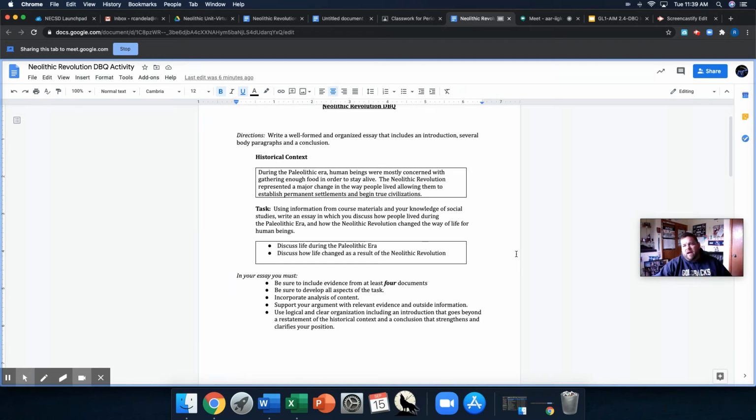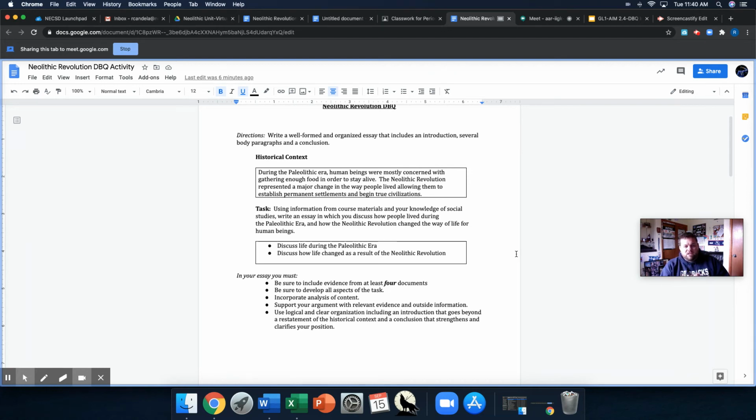So if you think back to our lesson about kind of breaking down the task when we looked at the historical professions writing piece, we said that the bullet points oftentimes correspond to the number of body paragraphs that your essay should have. So judging by this task and using that kind of measurement, it seems like this essay should have 2 body paragraphs. First body paragraph discussing life during the Paleolithic era. Second body paragraph, discuss how life changed as a result of the Neolithic Revolution.